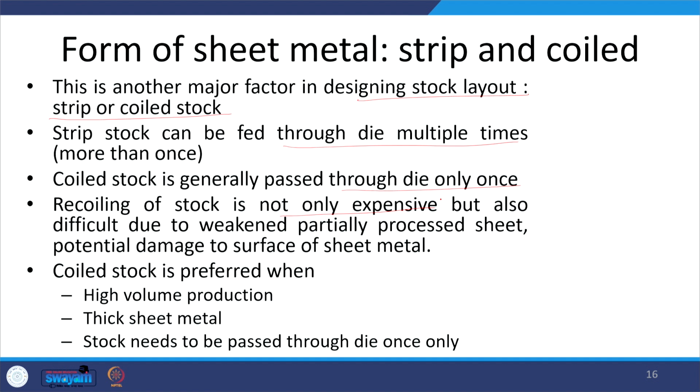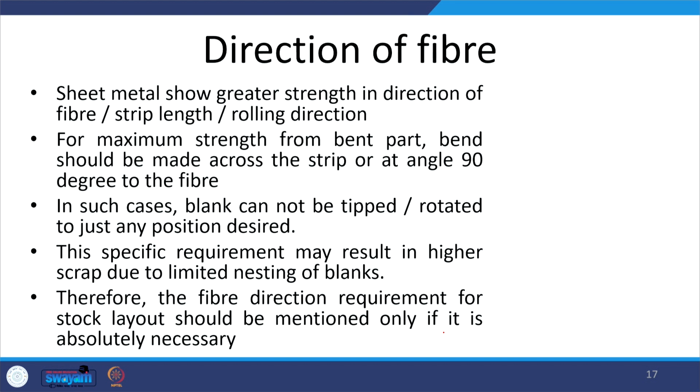Not just expensive, but it also weakens the cut material, because once we make the cut and then recoil it and do it again, that is not a very good idea, because the material gets weakened and there will be potential for damage to the surface of the sheet metal. Therefore, coiled stock is preferred only for high volume production, especially in case of somewhat thicker sheets, and the stock needs to be passed through the die once only.